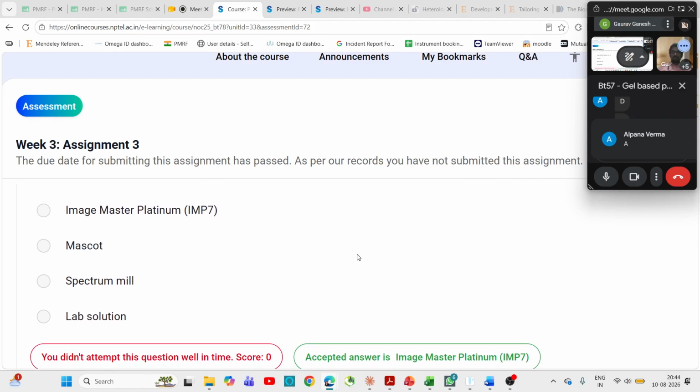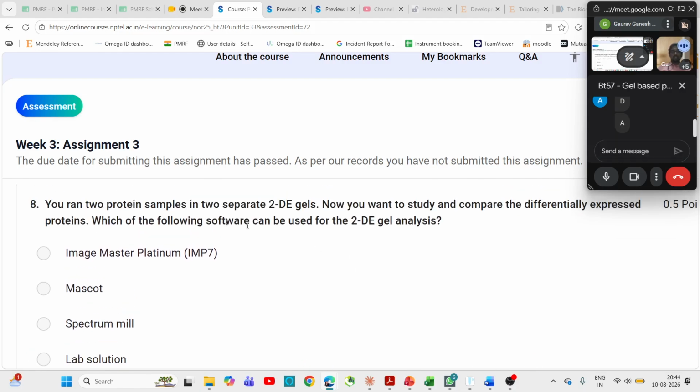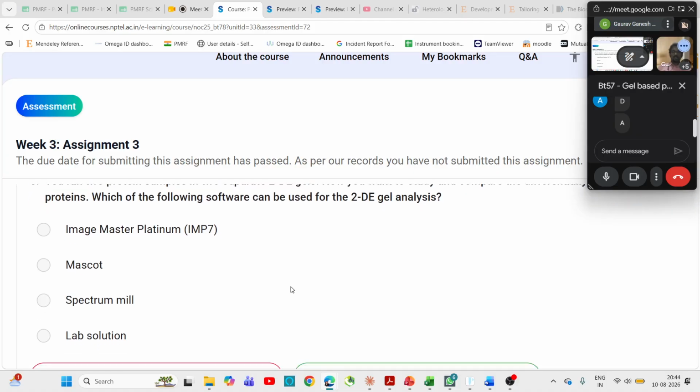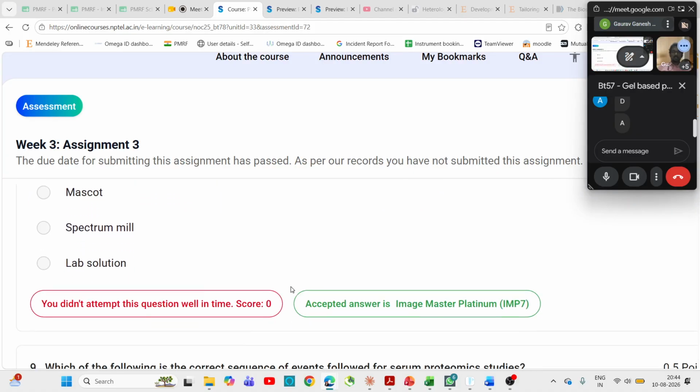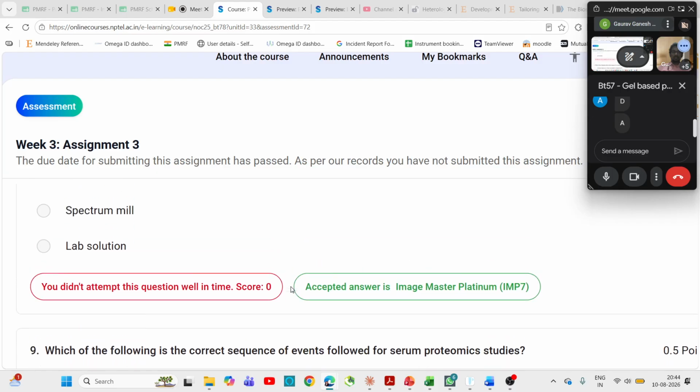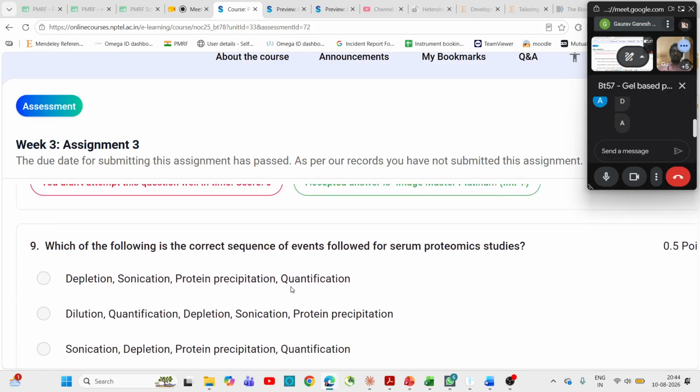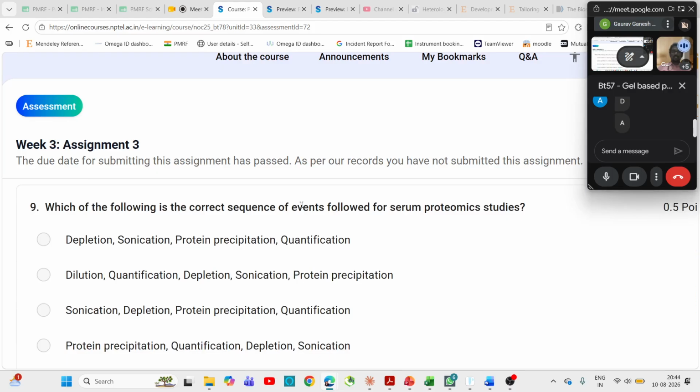So that's basically a software which helps us to compare and study differentially expressed proteins. So which of the following is the correct sequence of events followed by serum proteomic studies?